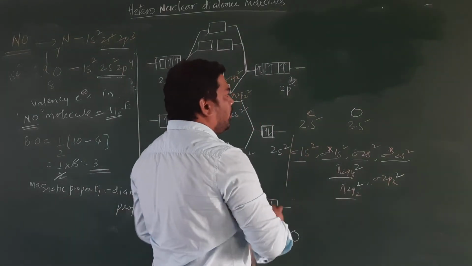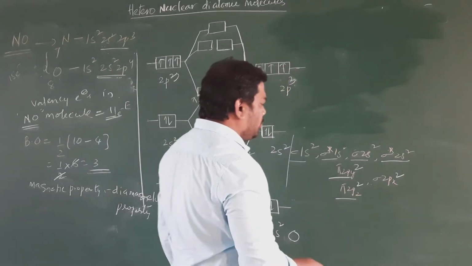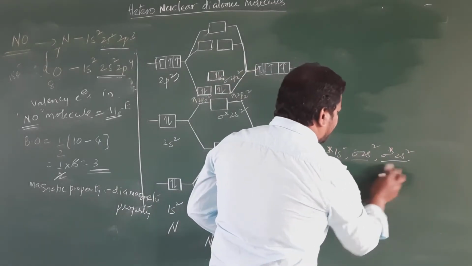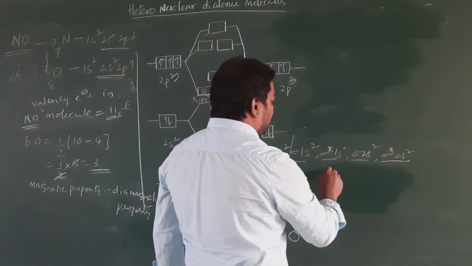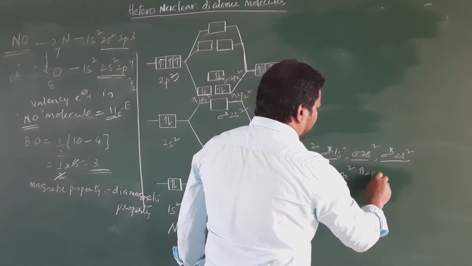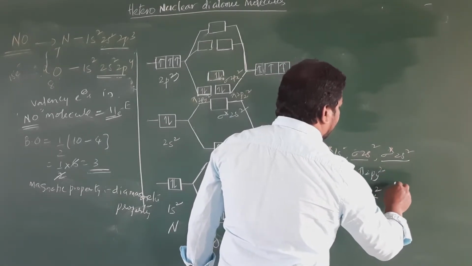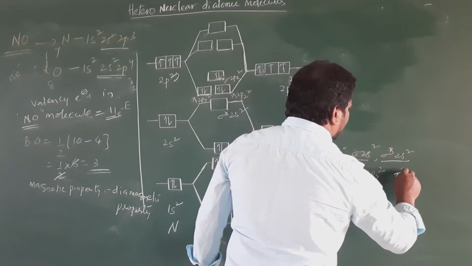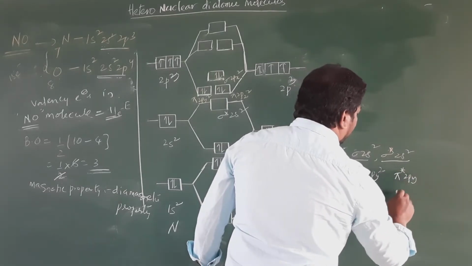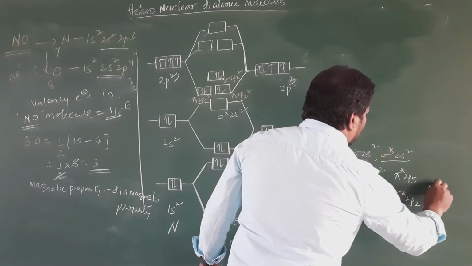Up to 8 electrons there is no issue, but here the electrons enter first into sigma 2px, that is sigma 2px2, then pi 2py, pi 2pz, and the next electrons enter into the pi star 2py, pi star 2pz, then sigma star 2px.